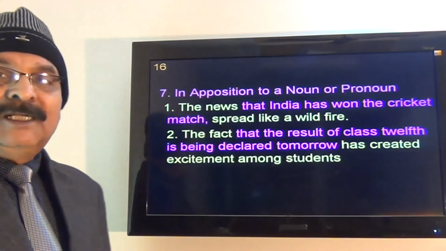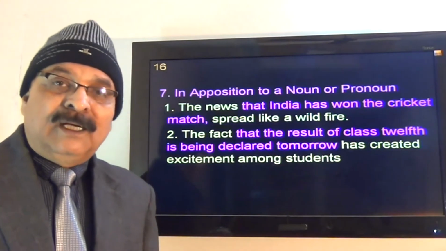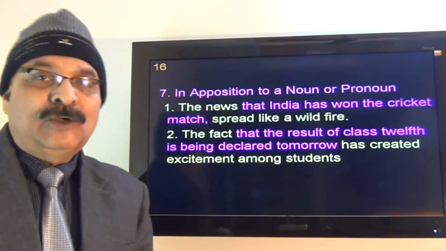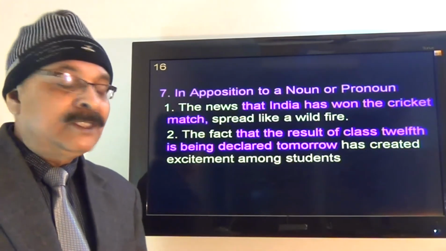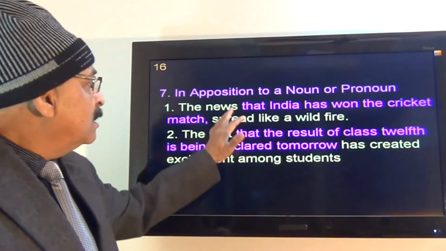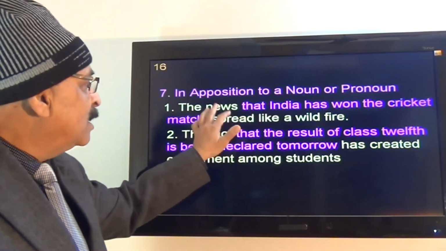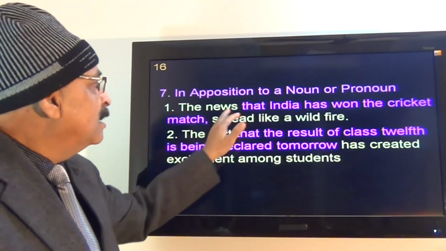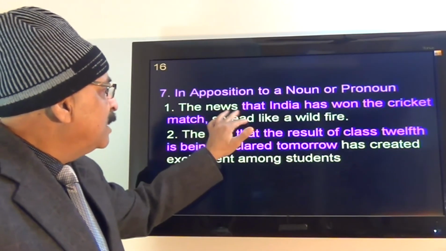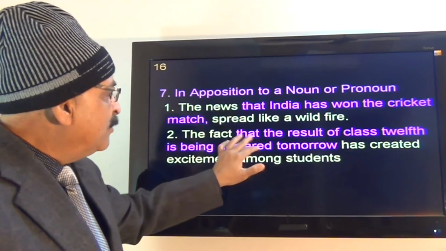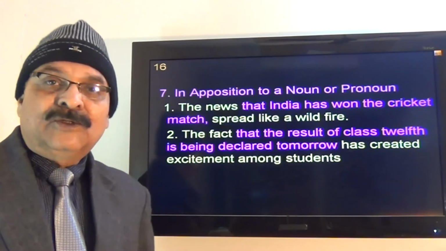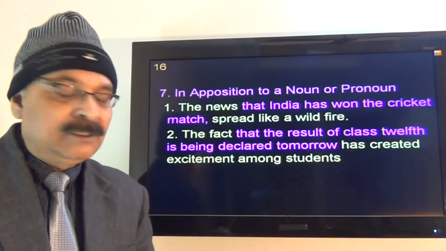It seems that it is an adjectival clause here, but basically this is not an adjectival clause, right? An adjectival clause qualifies the noun or pronoun that comes in front of it, but here it is not qualifying, rather it is adding something. It's an explanation of the word news. It's amplifying the meaning of fact. So that's why this is in apposition.